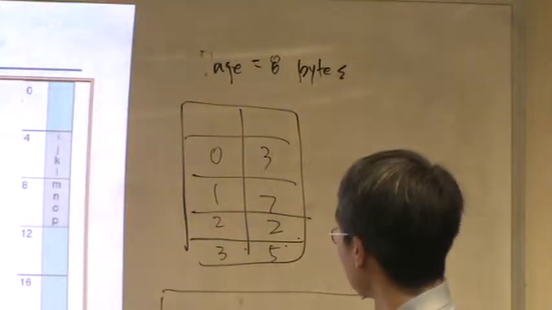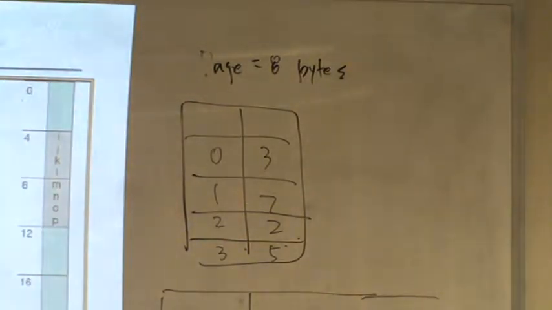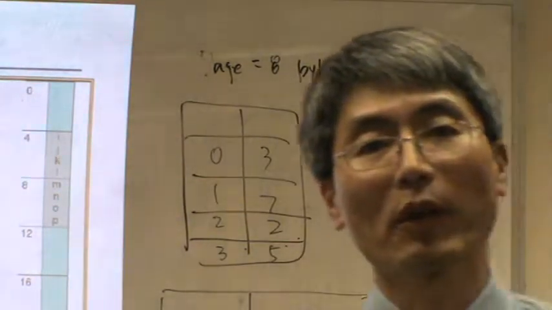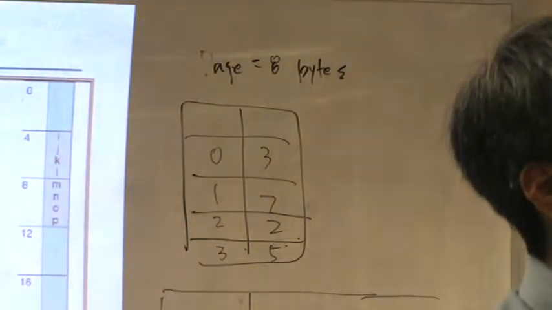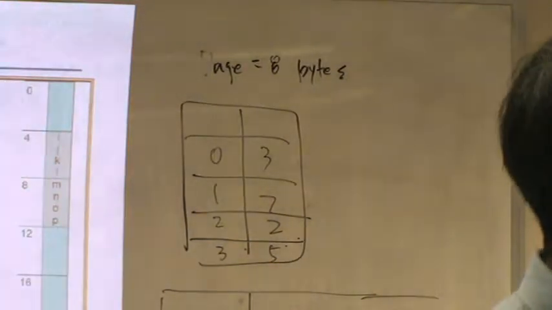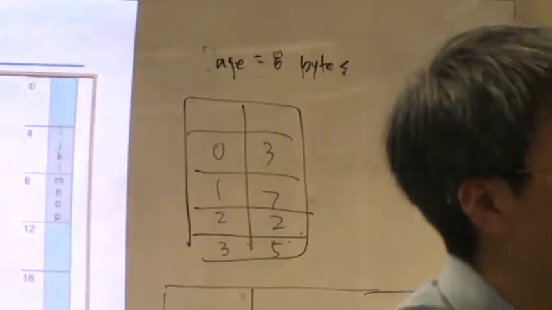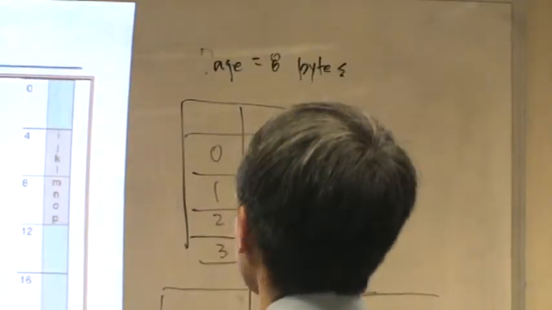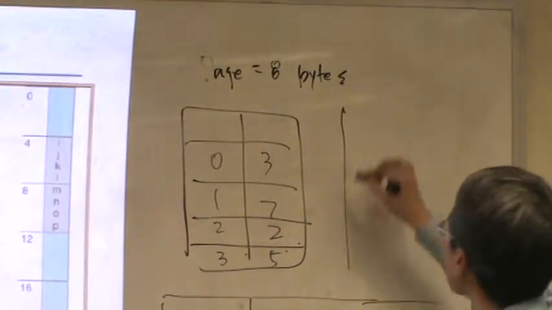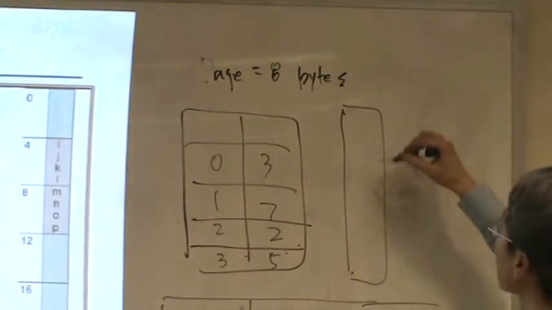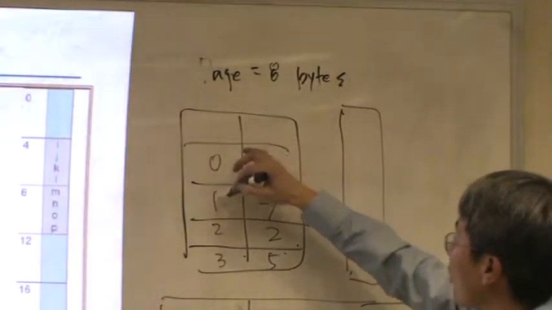I think the first thing you need to understand is the concept of virtual memory. What is the page, what is the page frame, what is the logical memory, what is the physical memory. Logical memory means your program. In this case, the program needs how many pages? 0, 1, 2, 3.